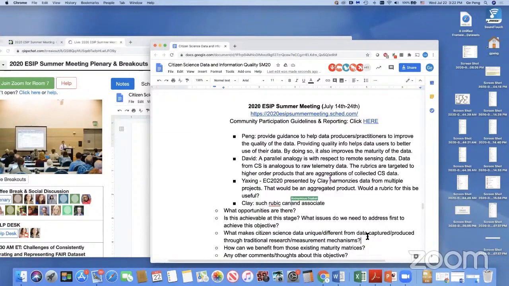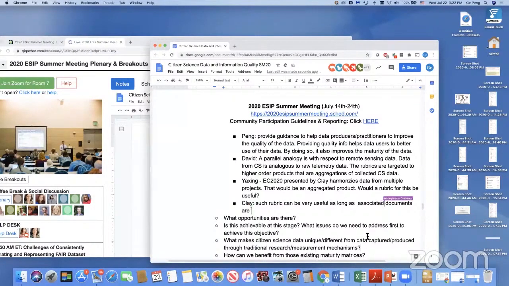If you're looking at data sources that already exist and they don't have that metadata, it's really difficult to replicate that. So having a rubric that could be applied, and having standard CS data sets and providers, would really have made our life easier.